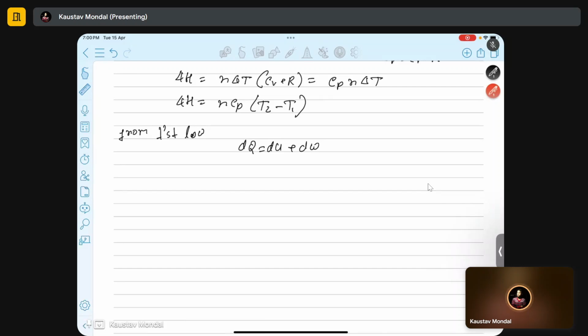Now here dq is basically T ds, and du equals Cv dT, plus dw is P dV basically, because the pressure is changing, right?